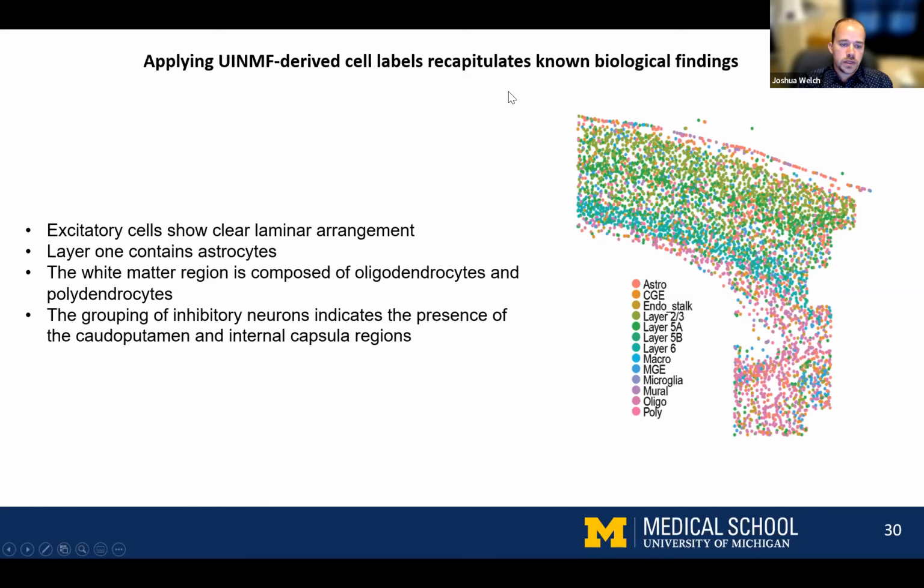The white matter region down here is composed primarily of oligodendrocytes and polydendrocytes. And then in this particular tissue section, some of the subcortical regions were captured as well. And so we can see inhibitory neurons that indicate the presence of the caudoputamen and internal capsular regions.